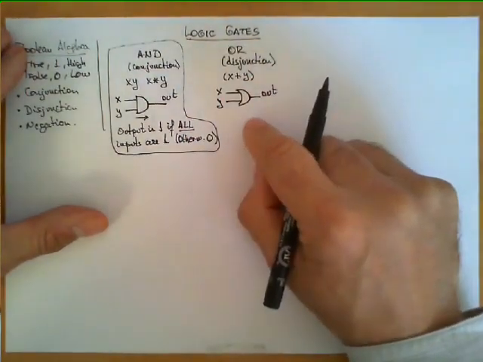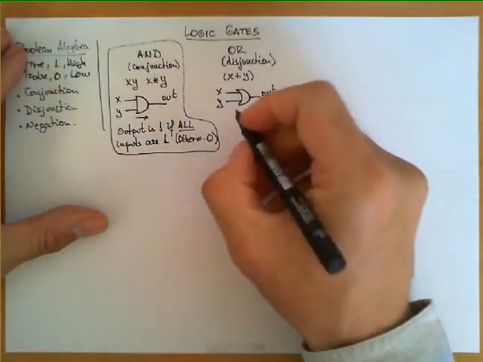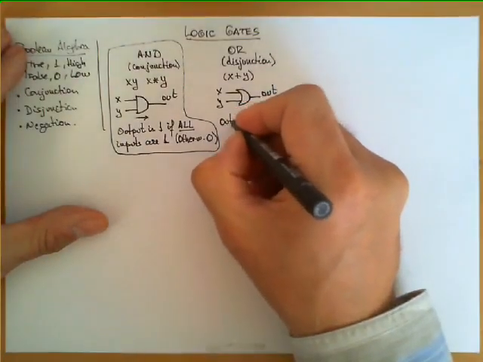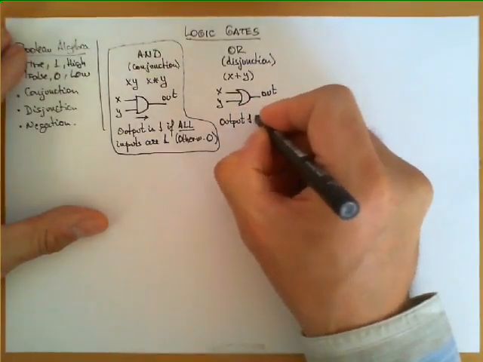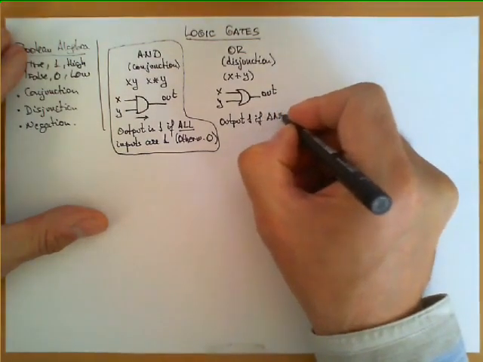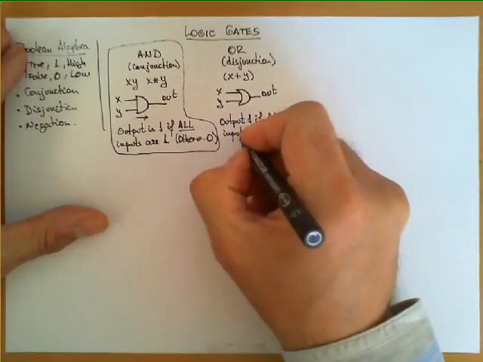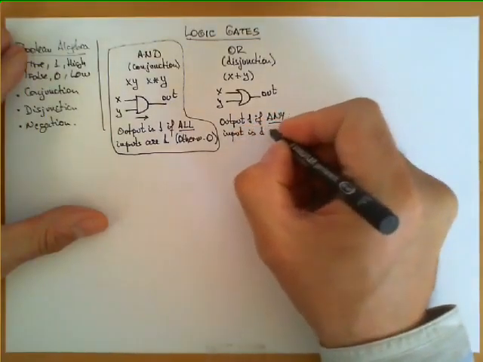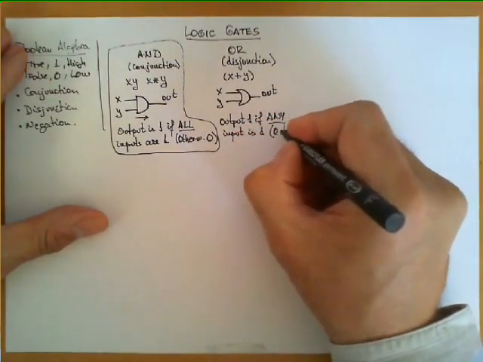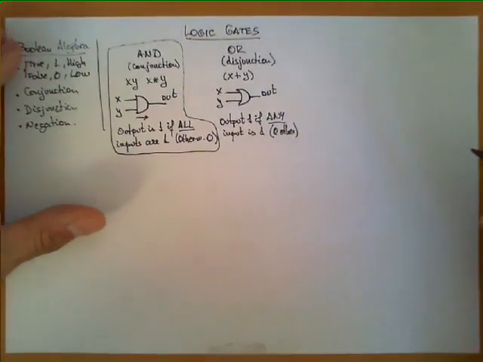And the rule that tells us the behavior of this gate is that the output is 1 if any, careful with this difference, any input is 1, 0 otherwise.